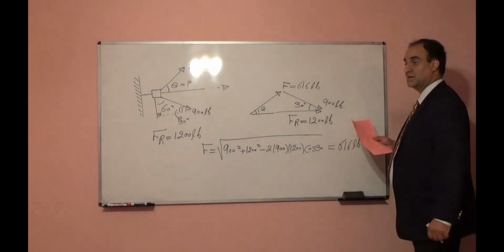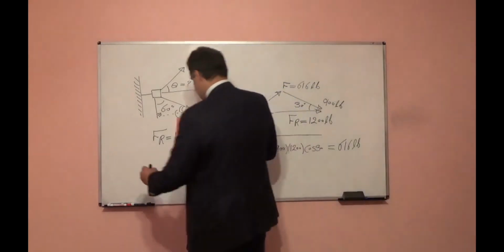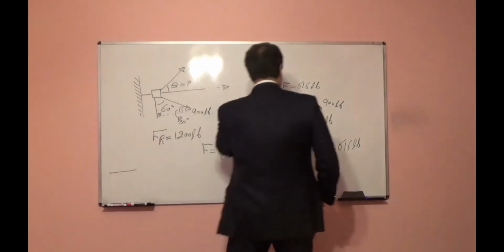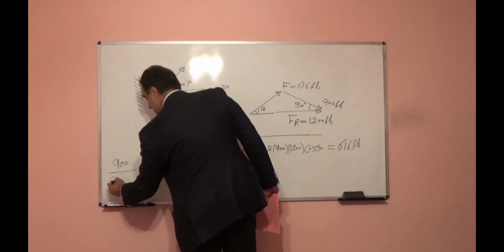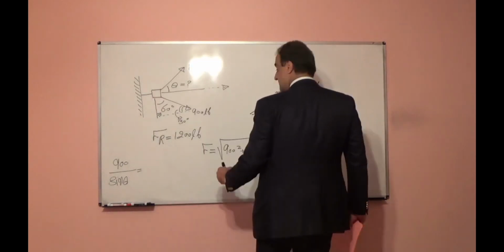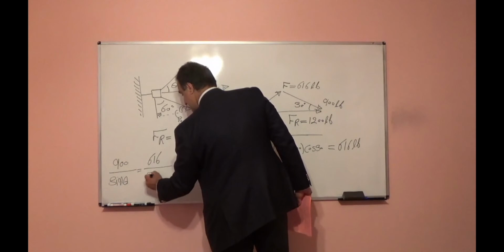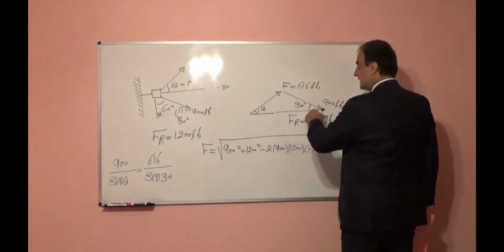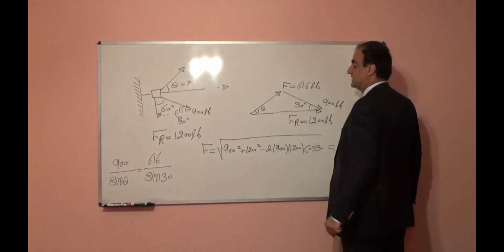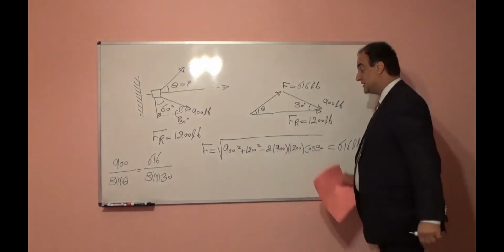Now if we use the law of sines, we can find theta. 900 divided by sine theta should be equal to 616 divided by sine 30.